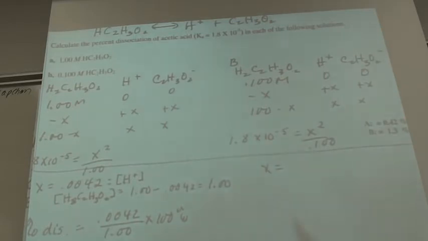X is equal to 0.00134. Okay, that's the hydrogen ion concentration.